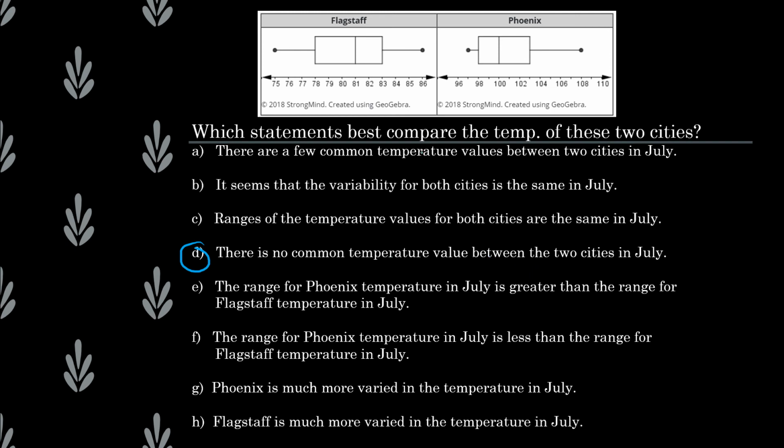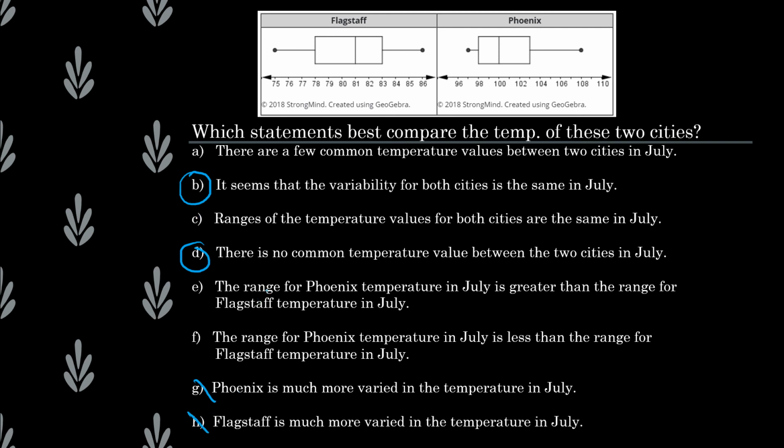The variability actually would be the same here because if you look, both of these are spread across 11 numbers. So since they're both spread across 11, that means that the variability would be the same. So that means these are gone because we already chose one for variability.